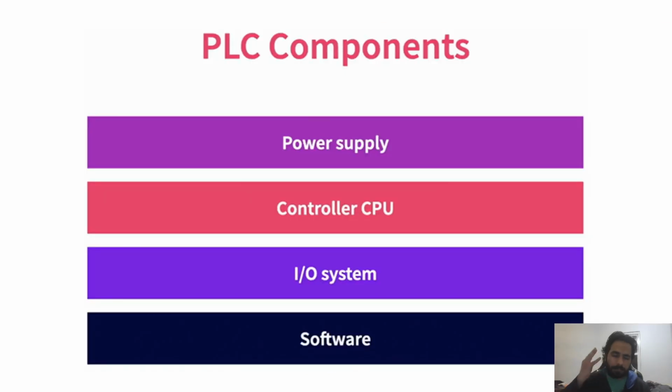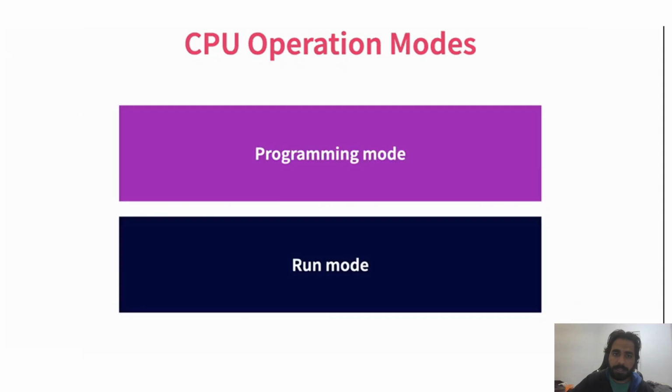So there are four important components of PLC: power supply, controller CPU, where the program is stored and where you write the program and make it executable, the input output system, and the software. Firstly, when it comes to your CPU, while executing PLC programs in the context of industrial automation, you do two things.